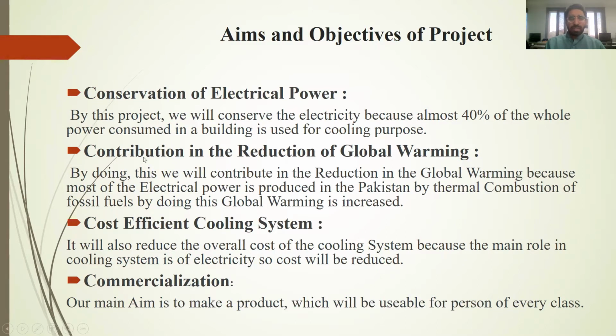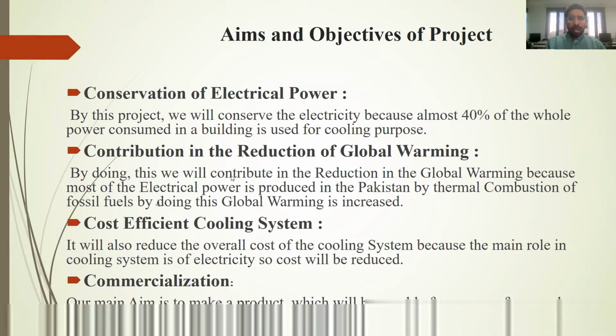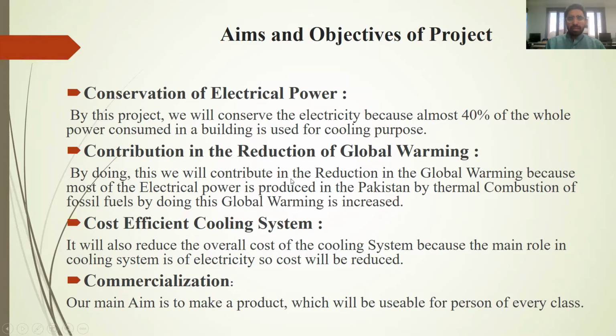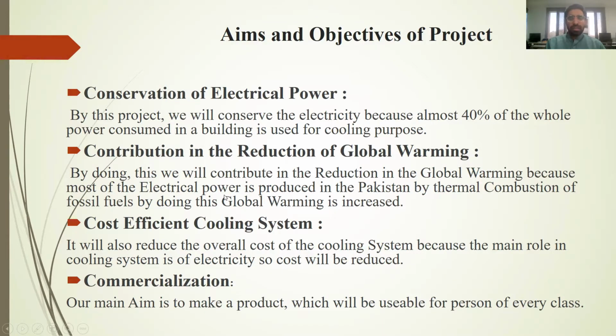The next purpose is contribution in the reduction of global warming, because most of the electrical power in Pakistan is produced by thermal combustion of fossil fuels, and by doing this, global warming is increased.